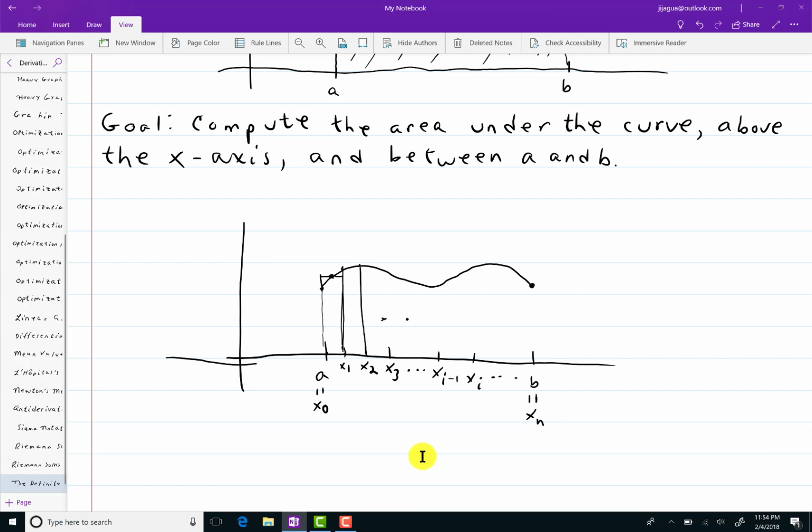Let me just go over to x sub i minus 1 to x sub i. Now the way this particular subinterval looks, x sub i minus 1 would be the lowest value, and then x sub i would be the highest value.